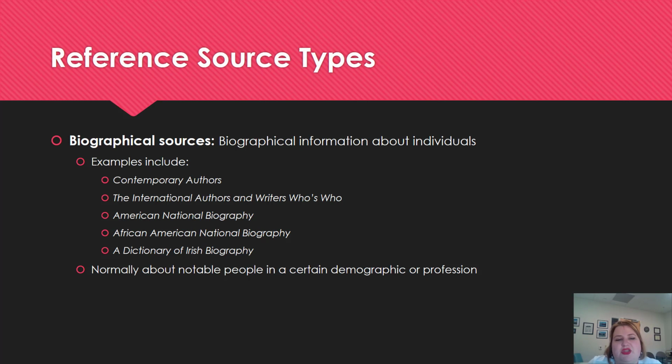Other ones we have in our collection are the International Authors and Writers Who's Who; American National Biography, which covers important Americans and their work; African American National Biography, covering important people of African American descent; and the Dictionary of Irish Biography, listing people who were important in Irish history. So you're seeing that most of these are limited by a specific place, type, or profession, and they tell you who the important people within that are.